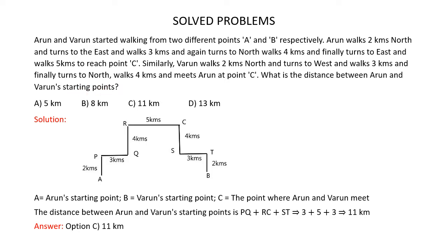You are given four options here and you have to find out which of these options is the correct one. So here you are asked to find the distance between Arun and Varun's starting points.